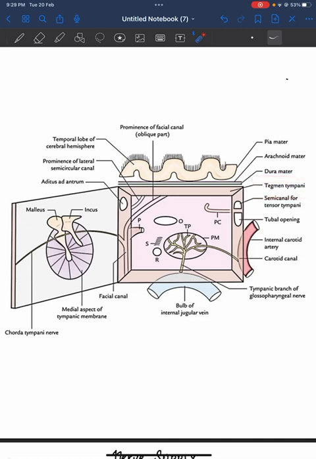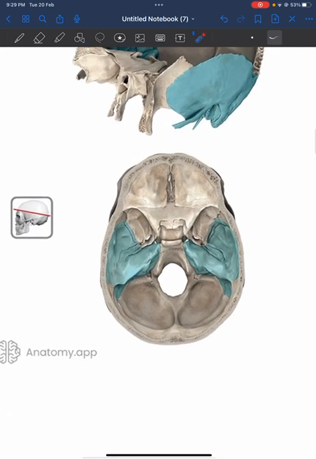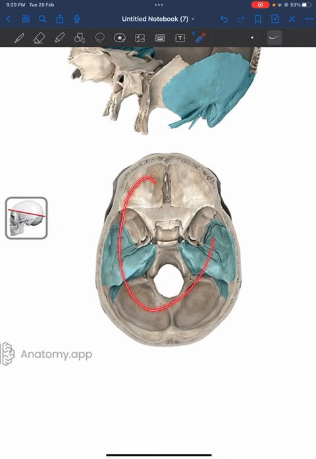What is tegmen tympani? I'll tell you. If you see over here, there should be the brain, right? And the brain has the coverings: dura mater, arachnoid, and the pia mater. The pia mater is the innermost, whereas over here first comes the dura mater.